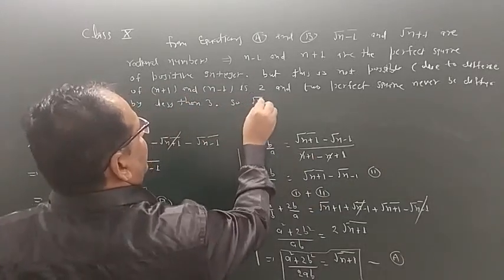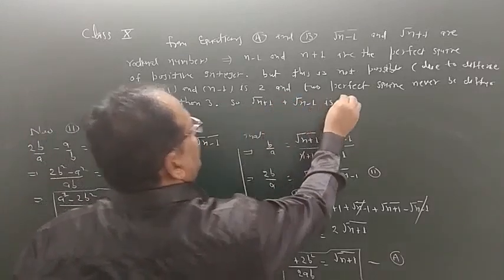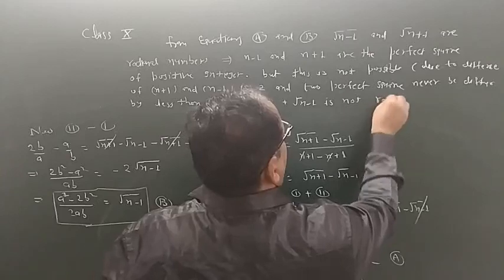So root n plus 1 plus root n minus 1 is not rational.